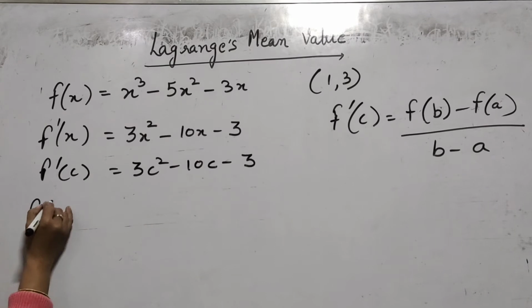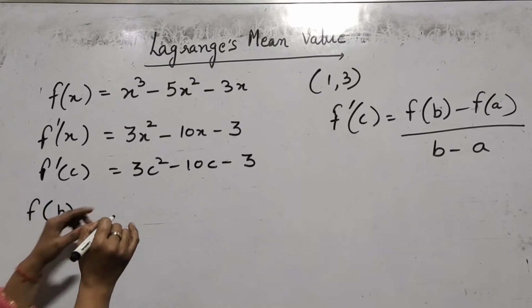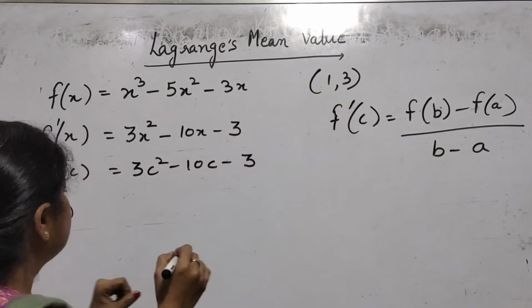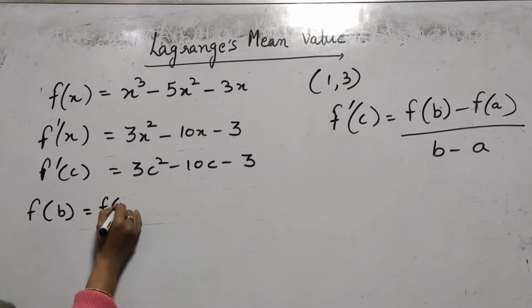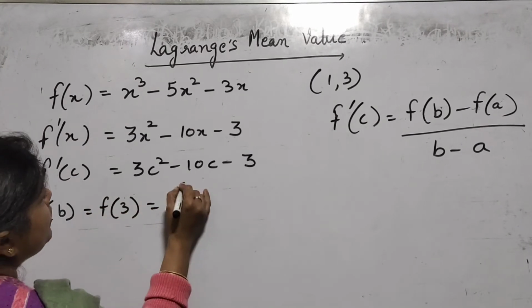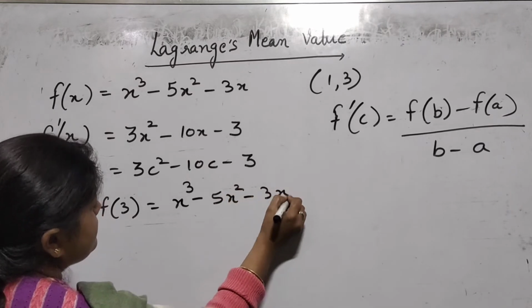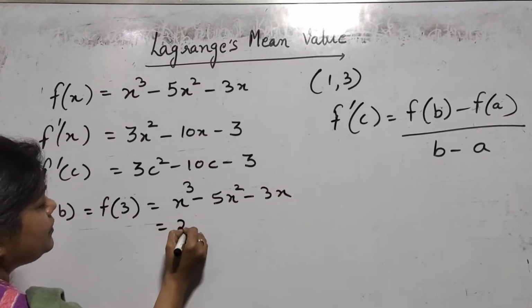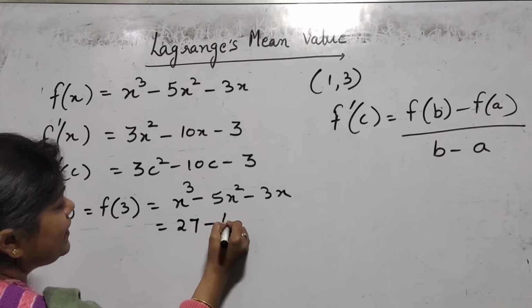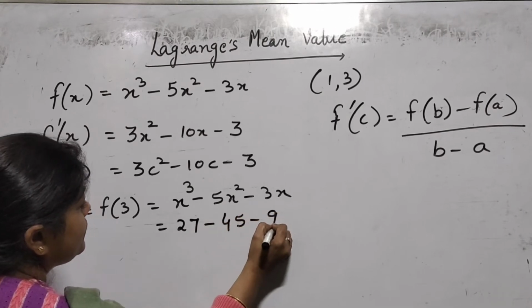Now, f of b. F of b means f of 3. We have to find it using the equation x cube minus 5x square minus 3x. F of 3, that is 3 cube, that is 27, minus 5 times 9, that is 45, minus 3 times 3, that is 9.